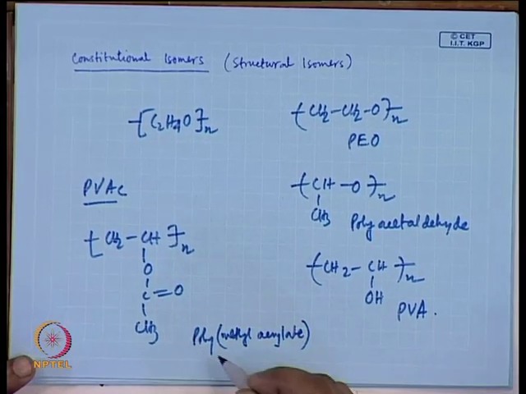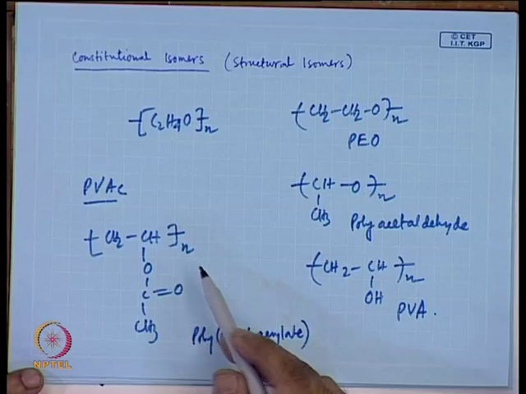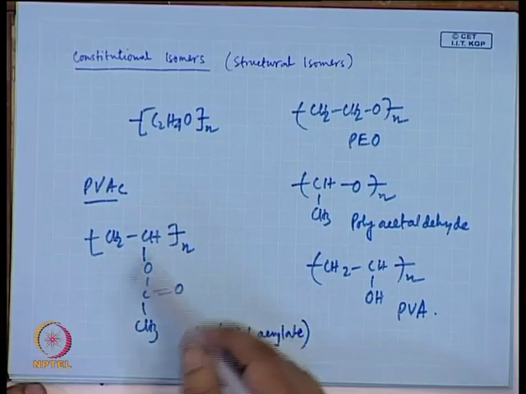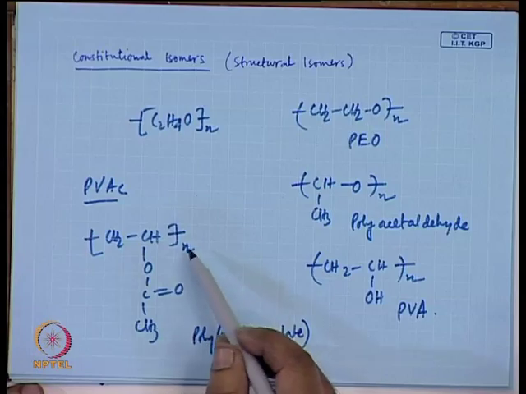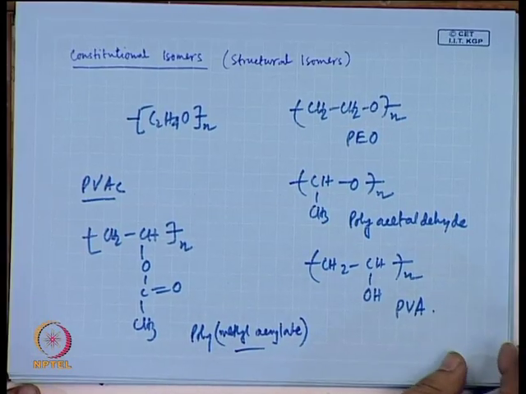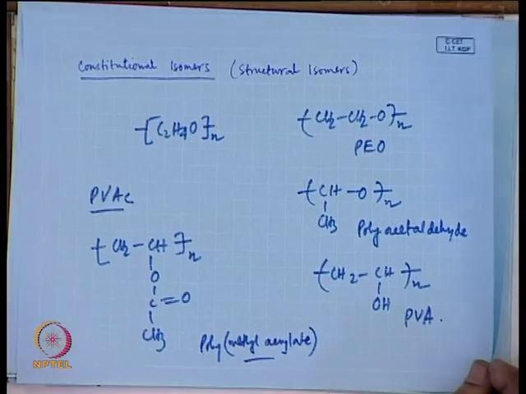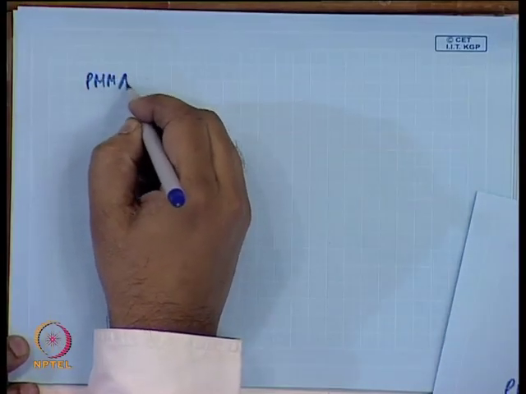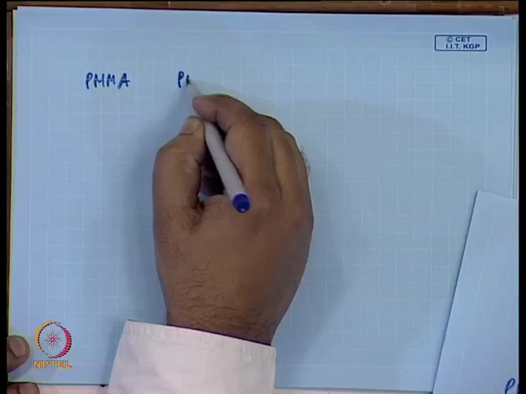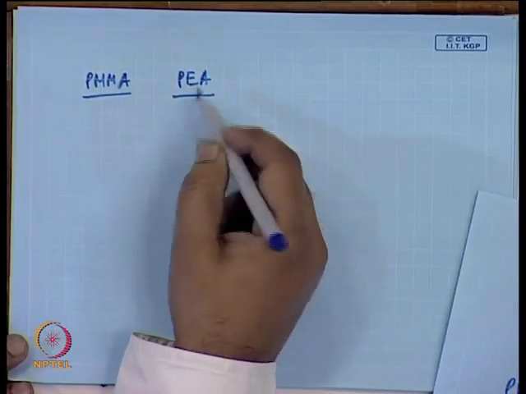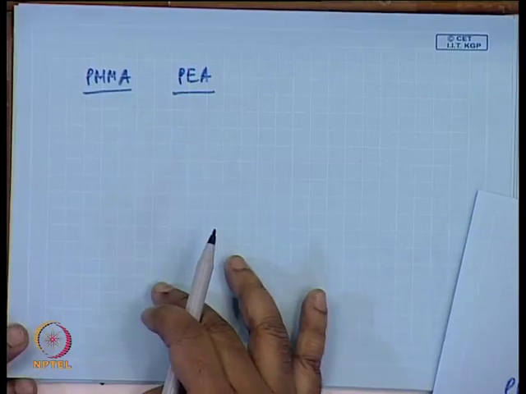You can write down the structure yourself and find out that it has the same molecular formula as polyvinyl acetate. We can give other examples like PMMA, polymethyl methacrylate, and polyethyl acrylate. They are all examples of structural isomers.